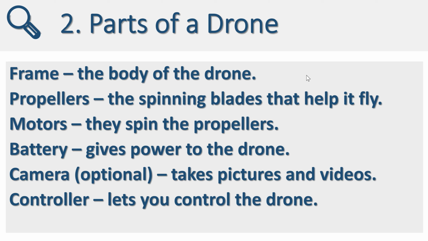Camera is optional for some drones. It takes pictures and videos. The controller lets you control a drone. A controller is like a motherboard. The system board is the brain of a drone. Is the system board interconnected with the parts of a drone?